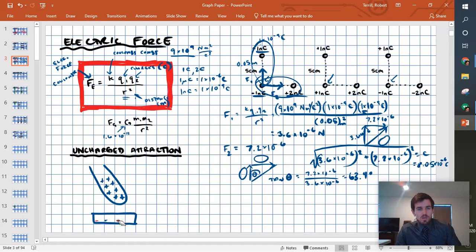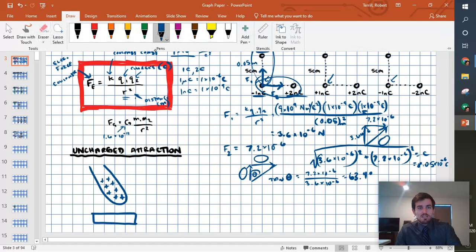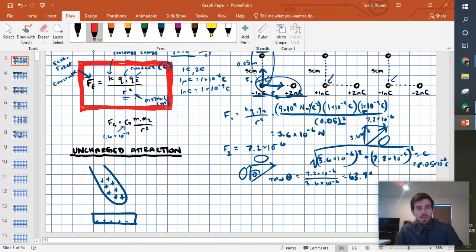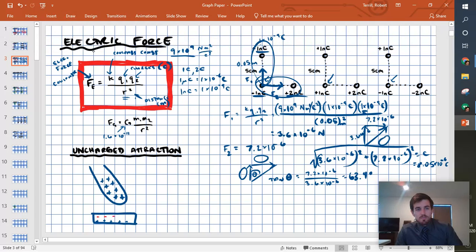So my piece of paper was originally uncharged. I had an equal number of positives and negatives. But when I bring like a positively charged balloon, sure, that's a balloon there. The positive charges are going to get pushed away because they don't want to be near the other positive charges. And the negative charges within that piece of paper are going to be attracted.